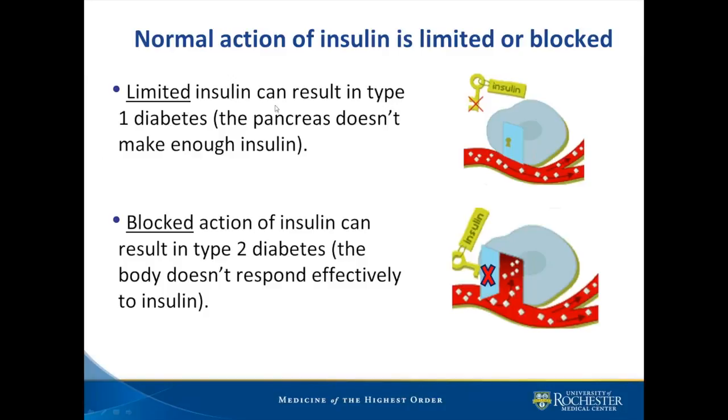And the limited supply of insulin is typically what happens in type 1 diabetes, where there's been damage to the beta cell and somehow the pancreas is unable to make adequate amounts of insulin. So you have insulin just not adequately there, in sufficient quantity to open this receptor and stimulate it.